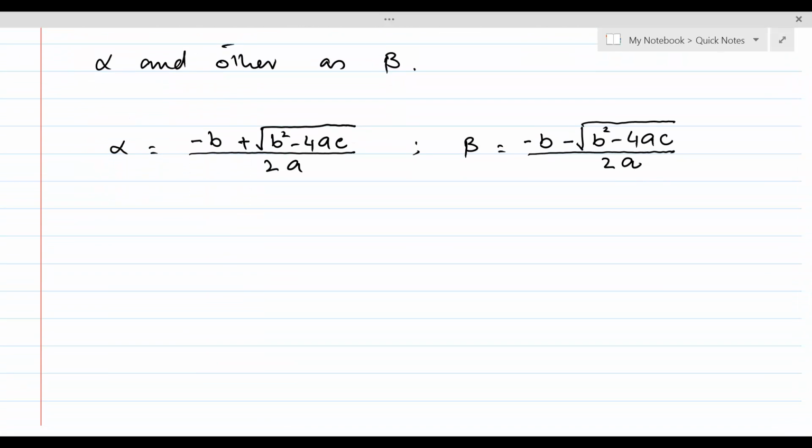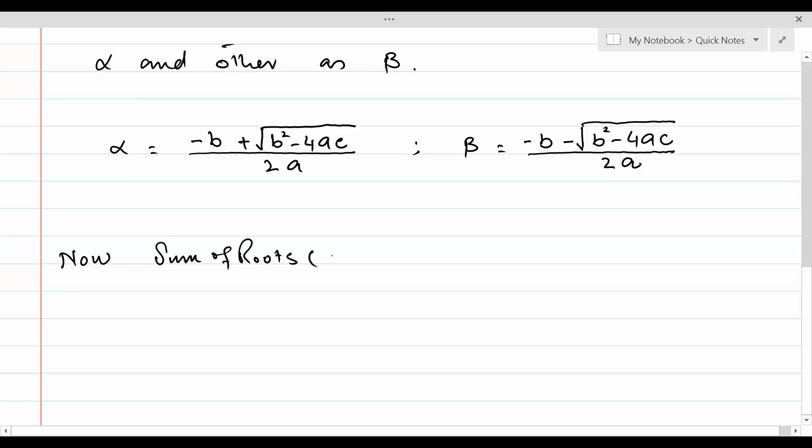Now if we want to find alpha plus beta, the sum of roots, which from now on we will denote as SR, SR is equal to alpha plus beta.